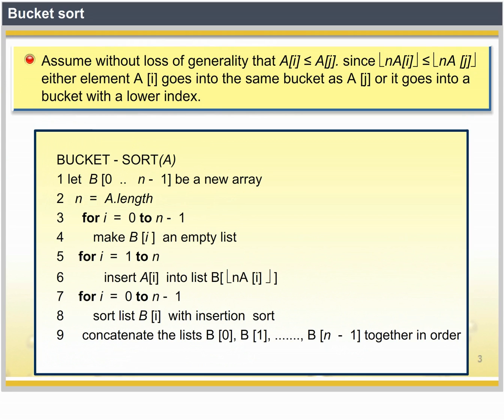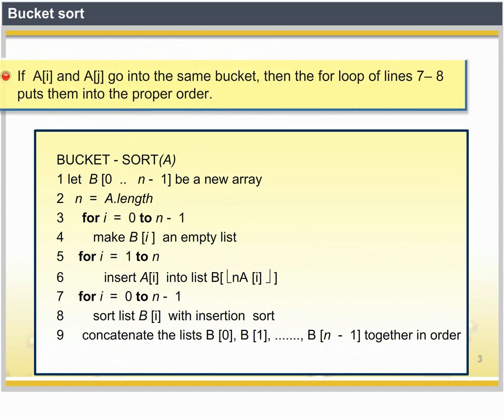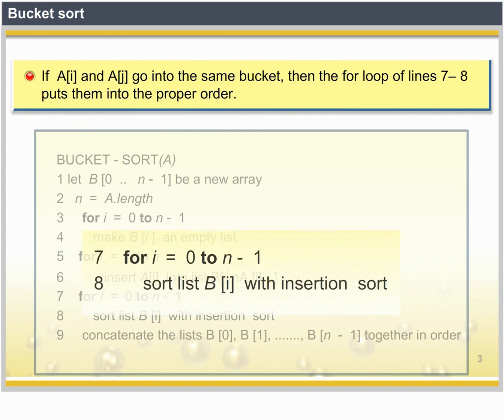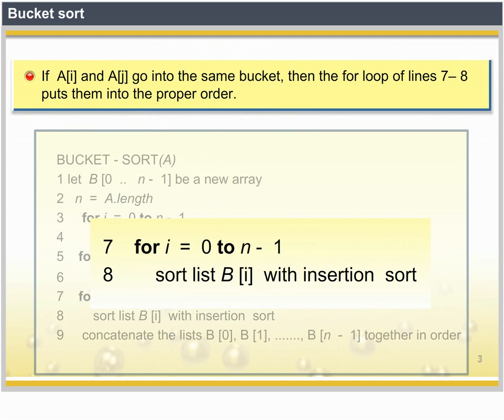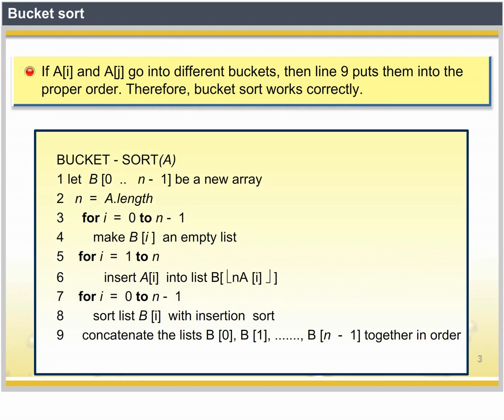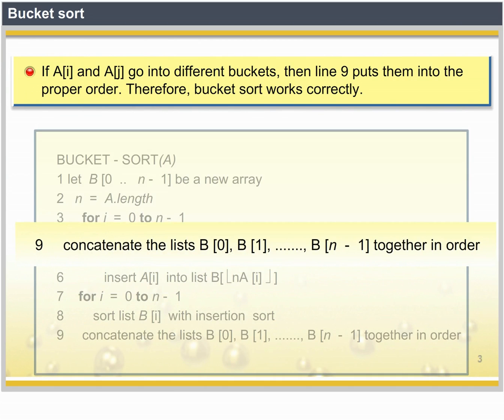If A[i] and A[j] go into the same bucket, then the for loop of lines 7 to 8 puts them into the proper order. If A[i] and A[j] go into different buckets, then line 9 puts them into the proper order. Therefore, bucket sort works correctly.